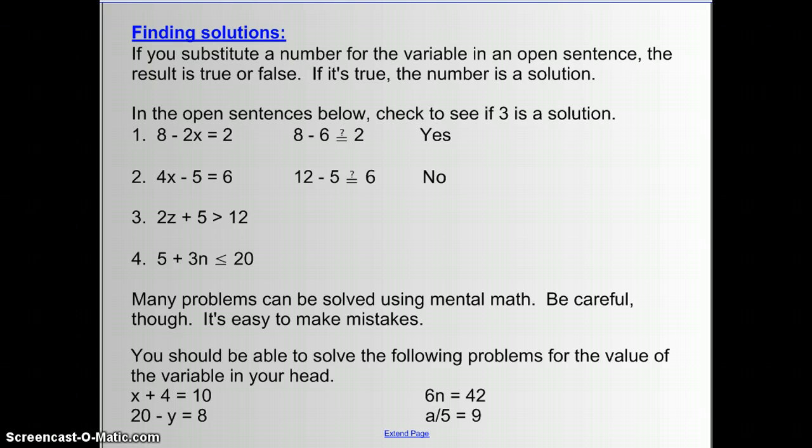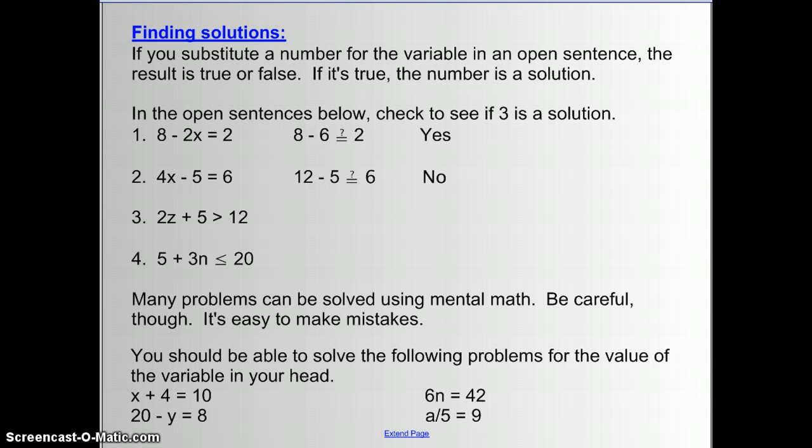In number 1, 8 minus 2x equals 2. We're going to substitute 3 for the x. So this sentence becomes 8 minus 6. Does that equal 2? Yes, it does. So 3 is the solution here. In number 2, 4x minus 5 equals 6.